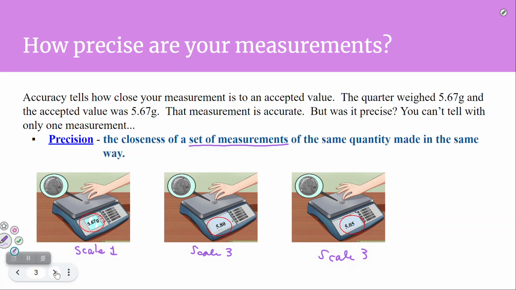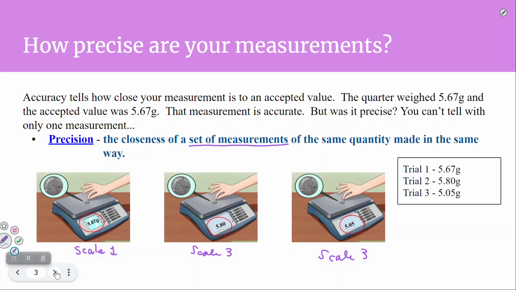So there are 3 trials there. Those values are pretty spread apart, and so we can say that the measuring tool that we have in this regard is not precise. Reviewing real quick again, precision is the closeness of a set of measurements made of the same quantity in the same way.